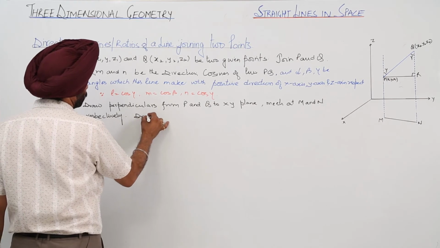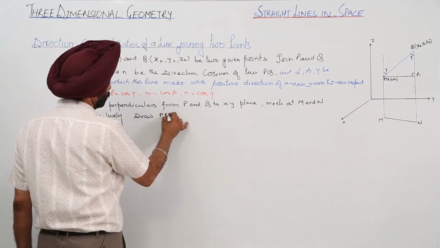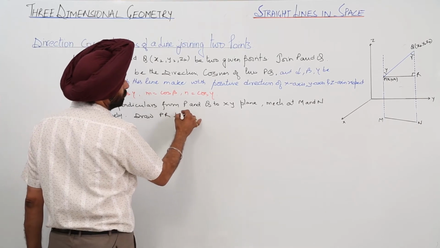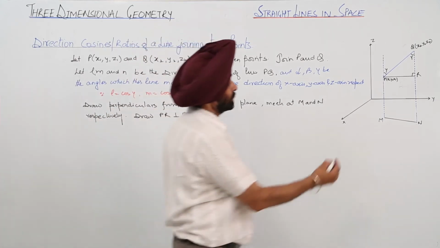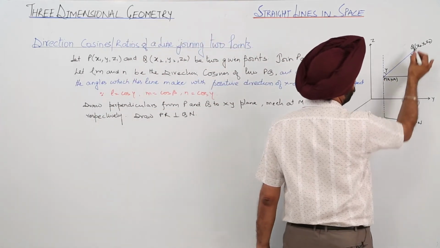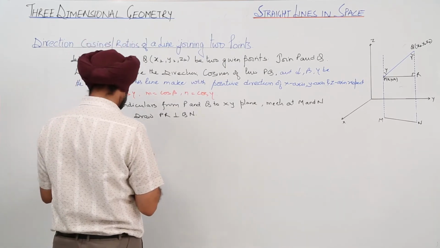Now we have to draw PR. Draw PR perpendicular to QN. We have drawn this line.